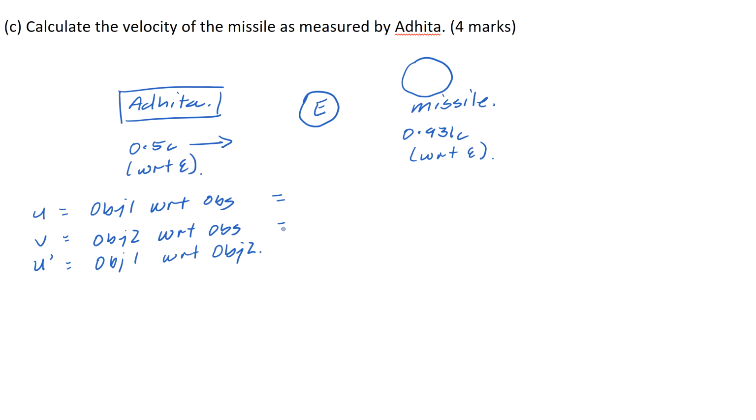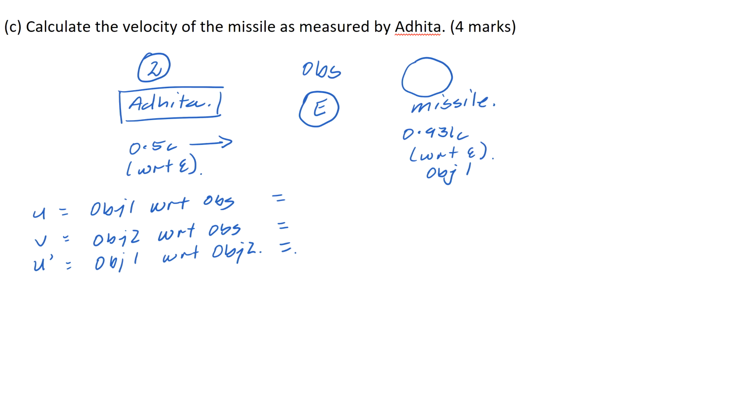Okay, so I think that the Earth should be the observer because we know object 1, the missile, with respect to the Earth, and then we know Adata with respect to the Earth. And then if we make the missile object 1, and then we make Adata object 2, then we can find U dash.